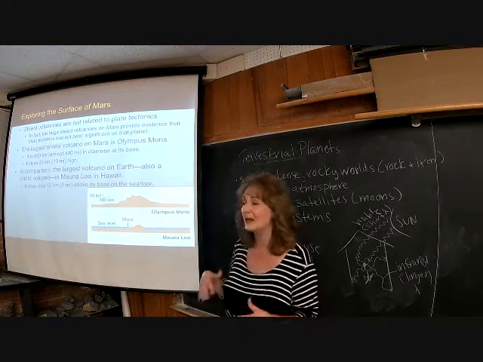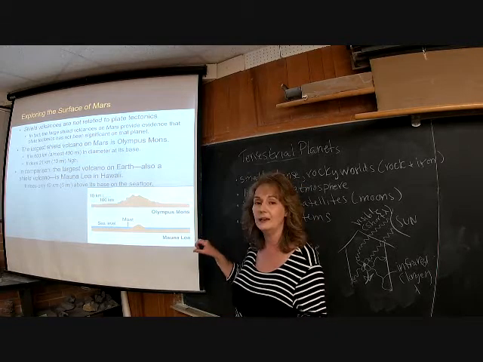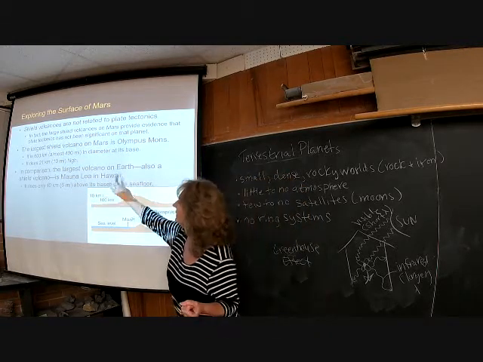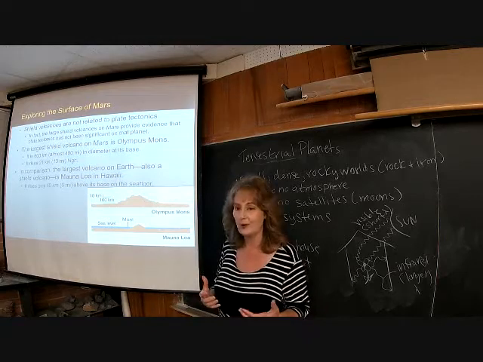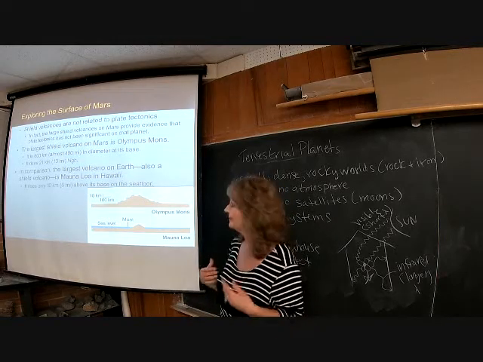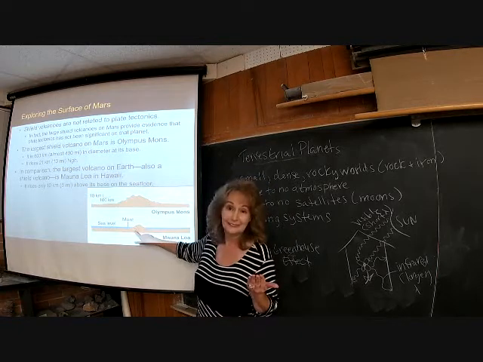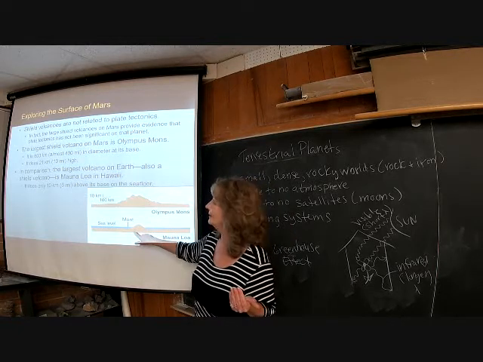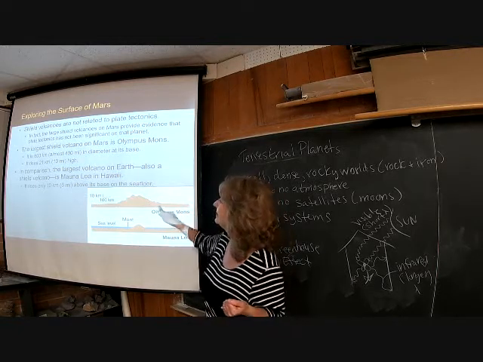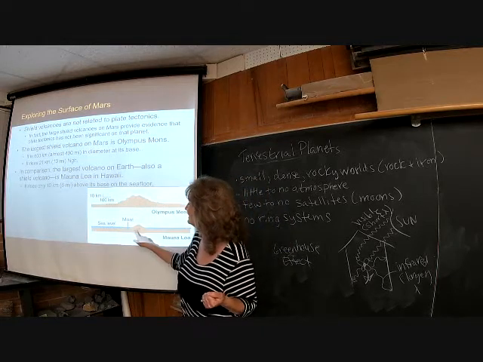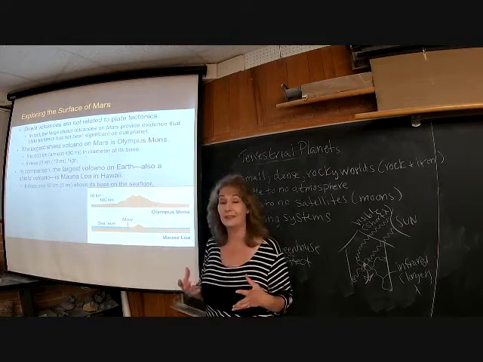So in comparison, they are taking the Mauna Loa in Hawaii, the largest volcano on Earth, right here. Okay, it's the largest one here on our planet. But look at Olympus Mons on Mars in comparison to that.